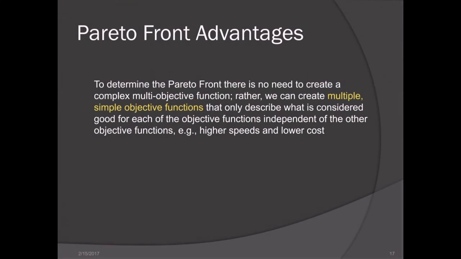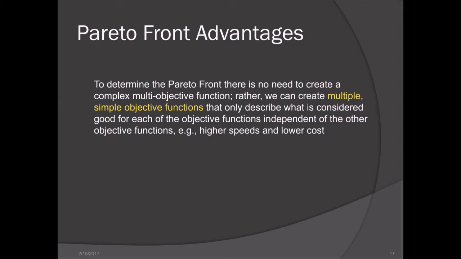Okay, first of all, if you've been in any type of modeling and design work, perhaps you've been a part of trying to create some type of really complex objective function that's going to tell you from a combination of many different values which one is better than the other.